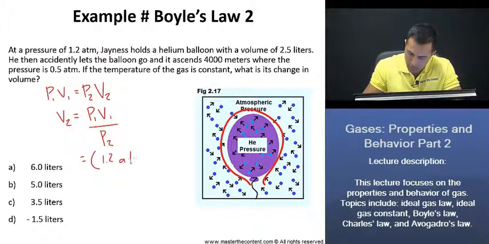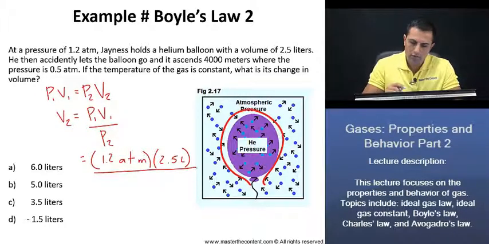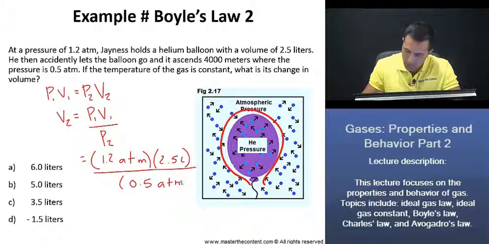And we're given the initial volume, which was 2.5 liters. Now, if we go ahead and divide that by our P2 here, which was given to us as well as 0.5 atmospheres, we find that the final volume is going to be 6 liters.